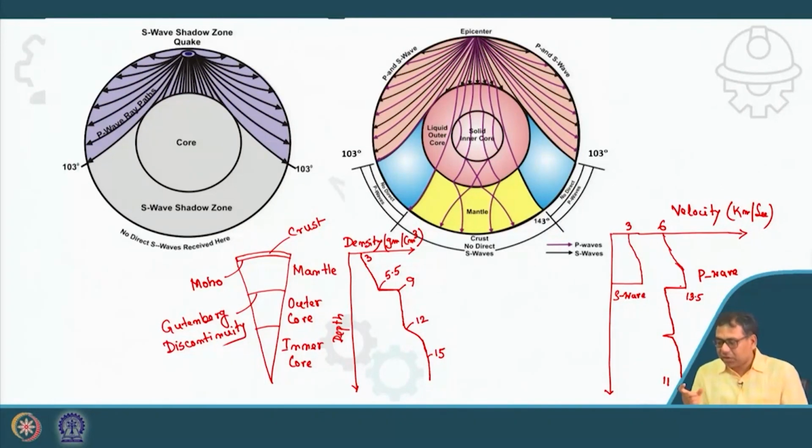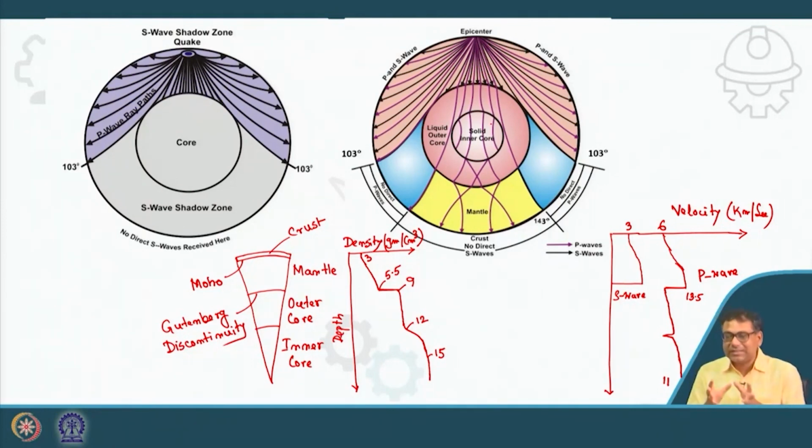So when it enters here, the refraction pattern will be different. Initially, from crust to mantle, it was low speed to high speed. Now it is high speed to low speed.